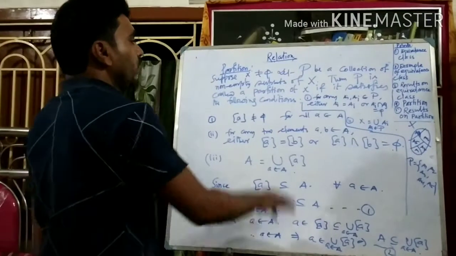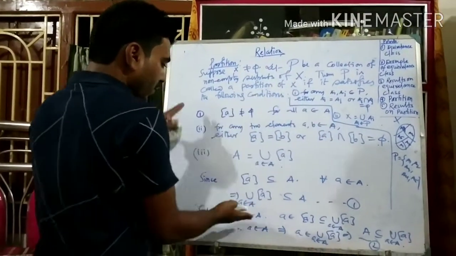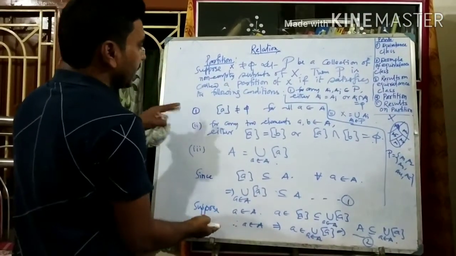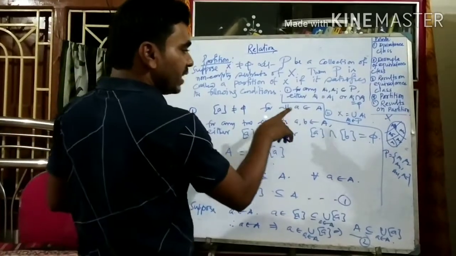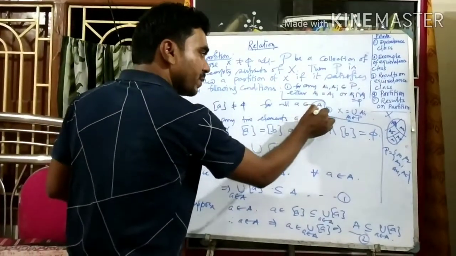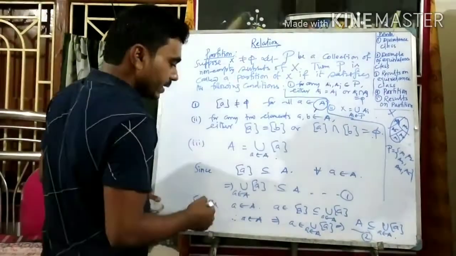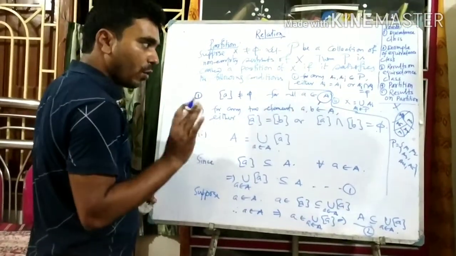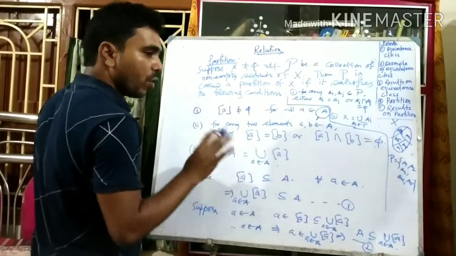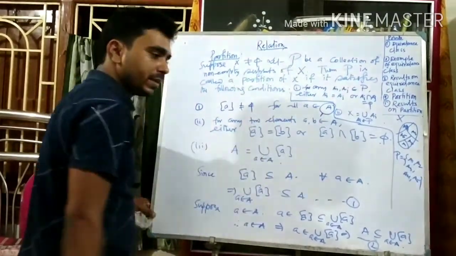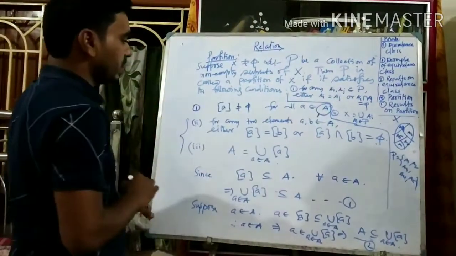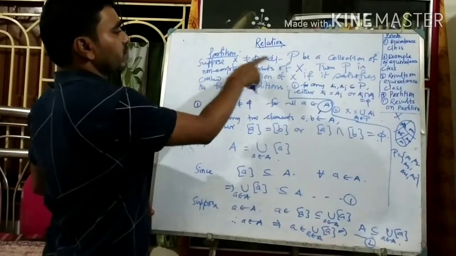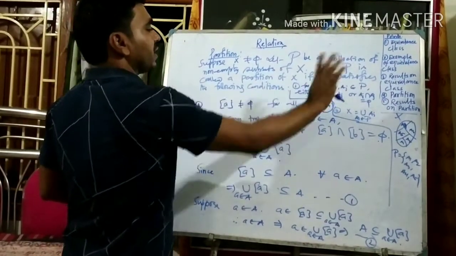Okay. So from this definition and from this observation, we can say that if rho is an equivalence relation defined on a non-empty set A, then the set of all equivalence classes forms a partition of A. So you see these two conditions, and you see the definition of partition.